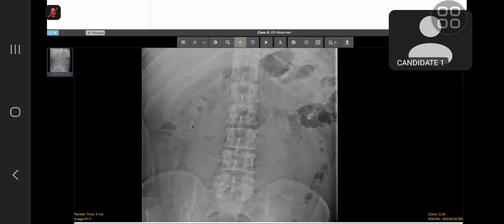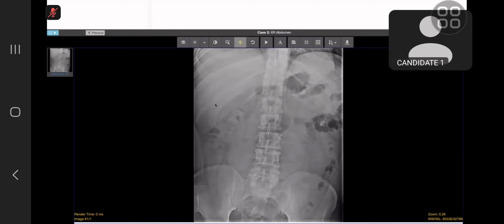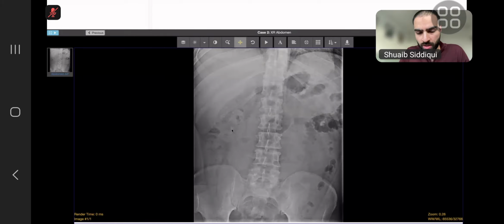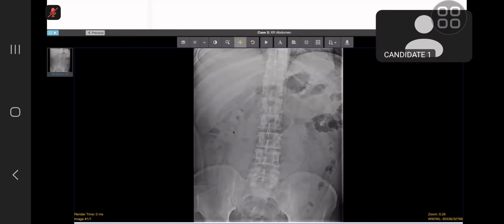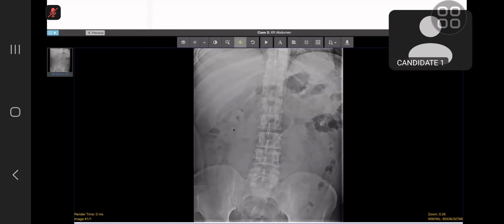Yeah, I can see that. That's right, so continue. This could represent a ureteric calculus with resultant hydronephrosis. I would like to inform these findings to the referring physician and would request an abdominal sonography.